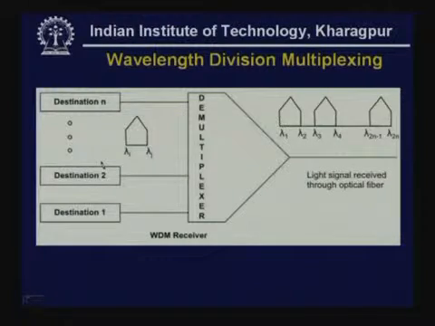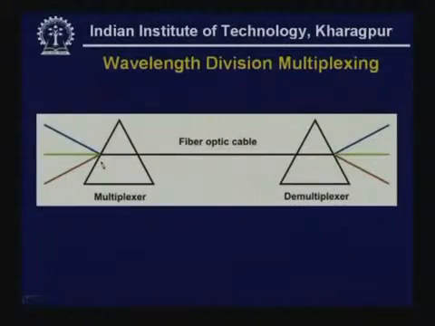You may be asking how the filtering is done in the optical domain. You may remember in your school days you have done an experiment with a prism. Here, as you can see, the light coming out from the other side of the prism depends on the incidence angle and the wavelength. So, the lights can be made incident on this side at different angles, so that all of them come out at the same angle from the other side.